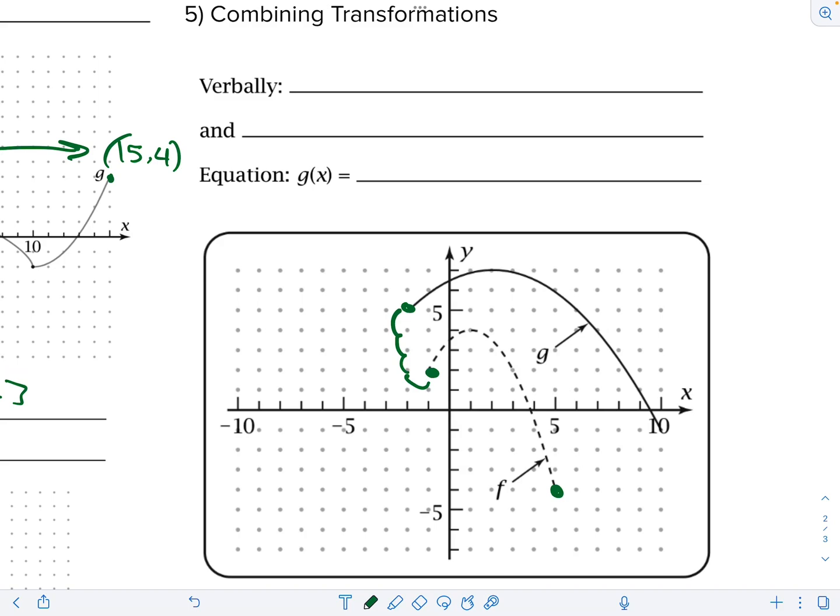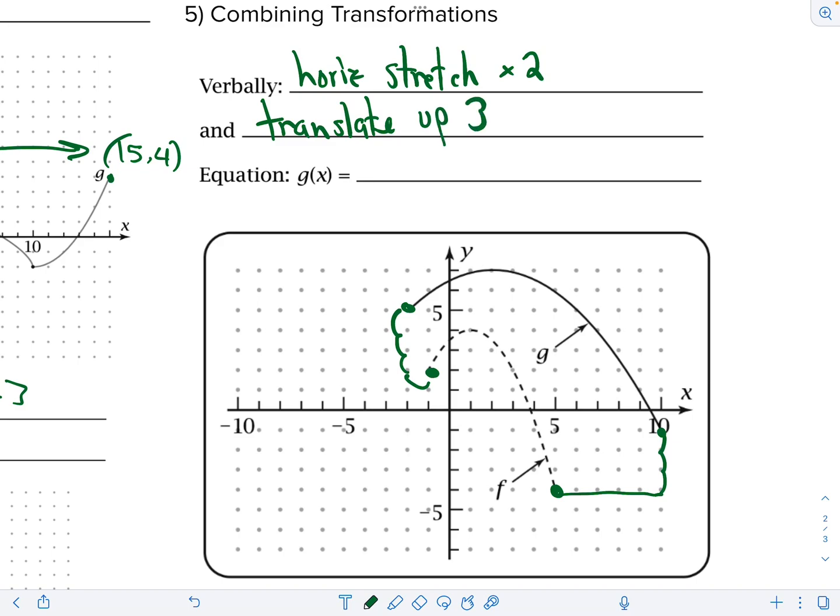The bottom of the arc has gone from 5 to the right to 10 to the right, and then 1, 2, looks like up 3. We are stretching horizontally first by a factor of 2 and translating up 3. To first horizontally stretch, that's f of 1/2 of x, translate up 3.